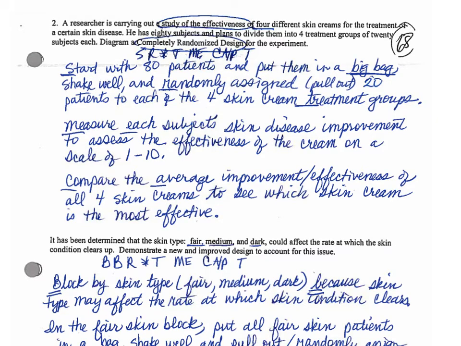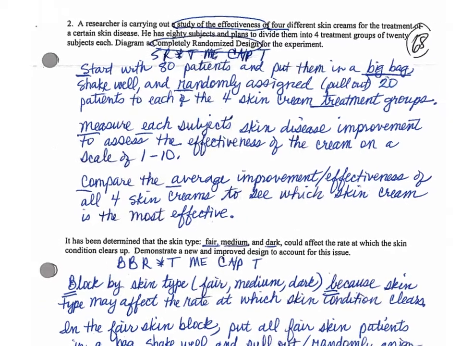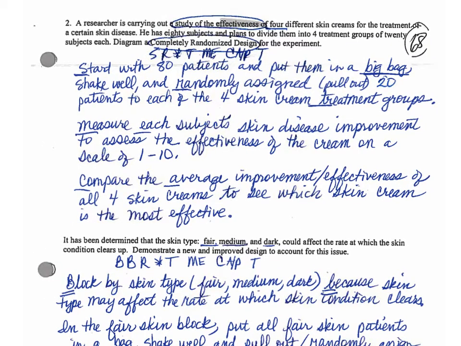Be careful to look up there and see what it was that they wanted. What were they looking for? It just says the effectiveness. Study the effectiveness of the 4 different skin creams. Okay? So that's how you would want to describe that. So I guess I described it as improvement. Now I described it on a scale of 1 to 10. Some people might have decided if it improved, yes or no. Okay? And then compare your average or your proportion.